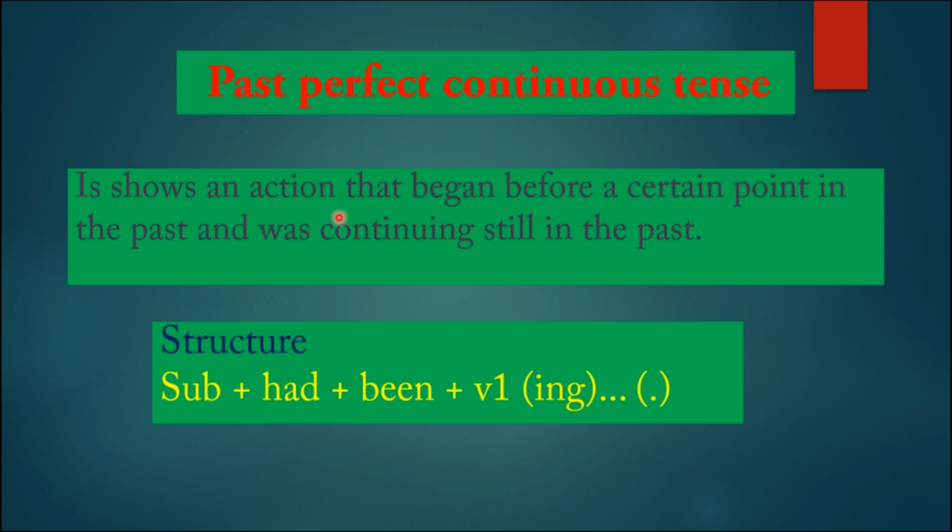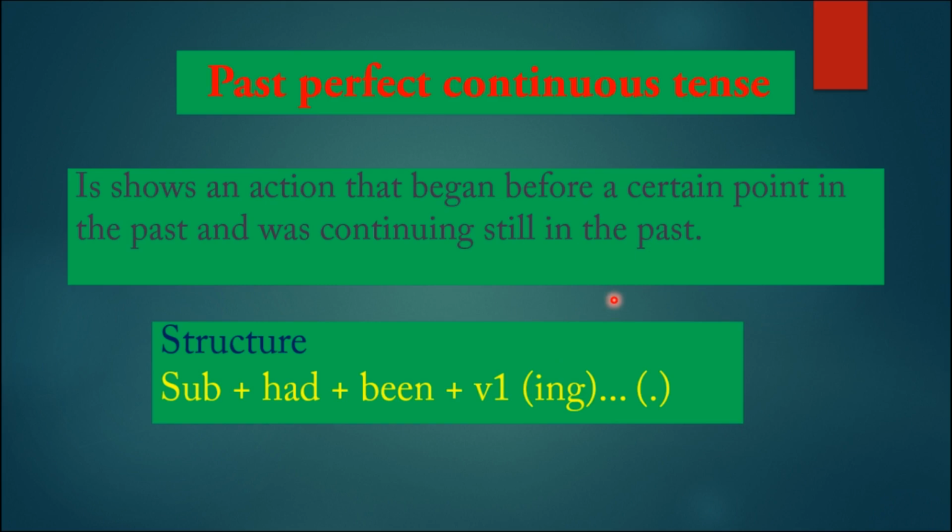It shows an action that began before a certain point of time in the past and was continuing still in the past. Good. Children, here I want to give a detailed explanation about this past perfect continuous tense.